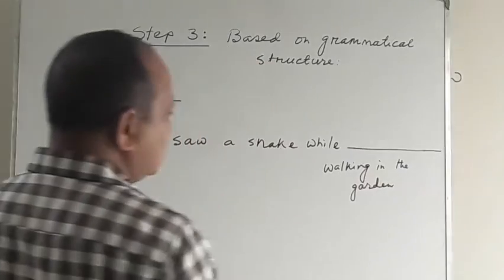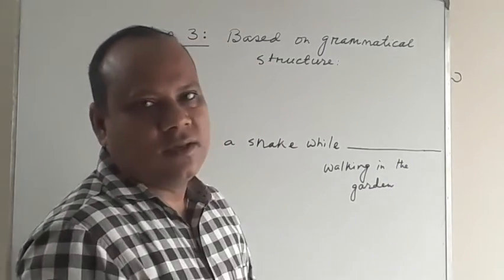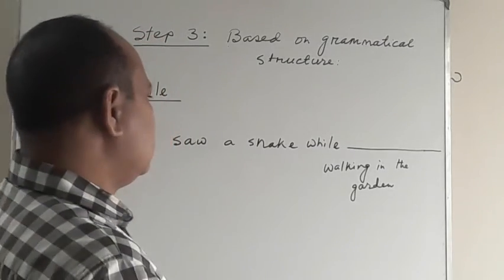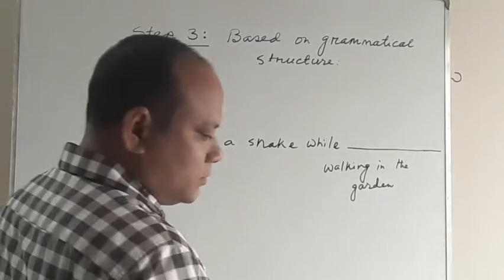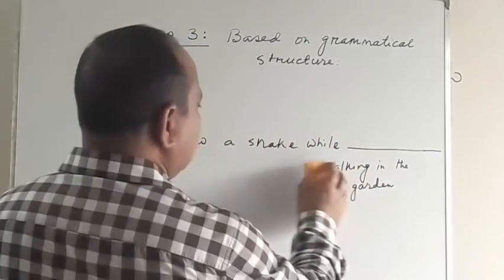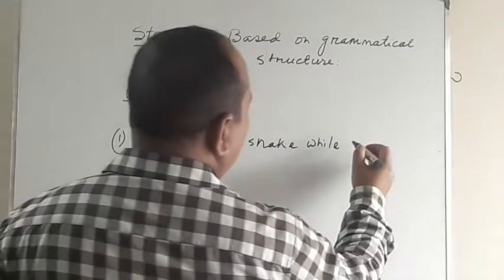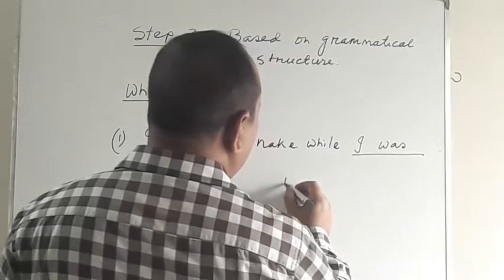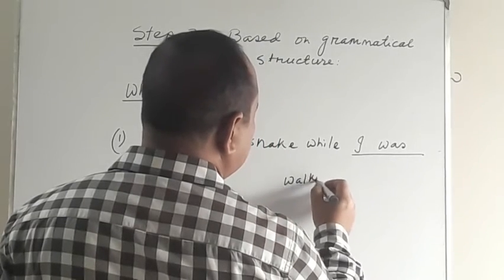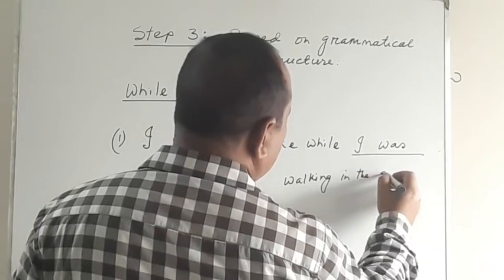So this is without a subject. But if you want to use a subject after while, the structure will be different. There you have to write past continuous tense. That is, we have to write in this way: I saw a snake while I was walking in the garden.